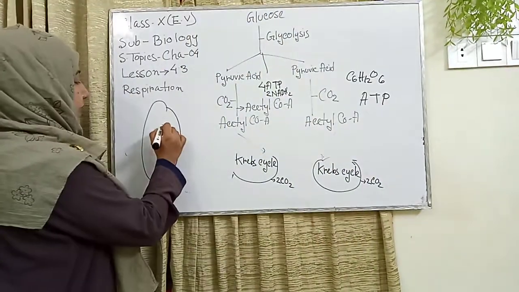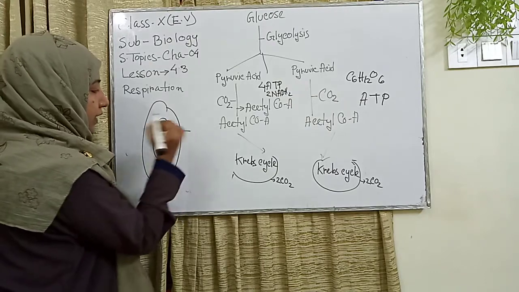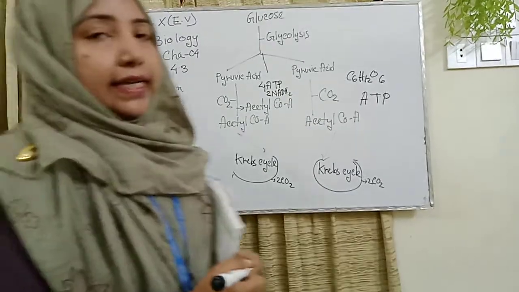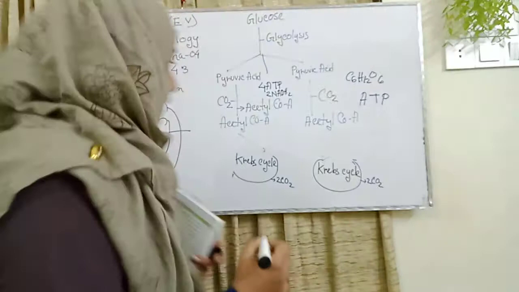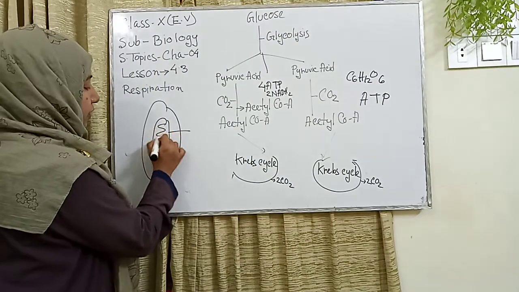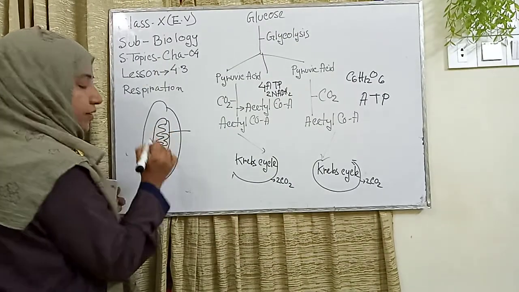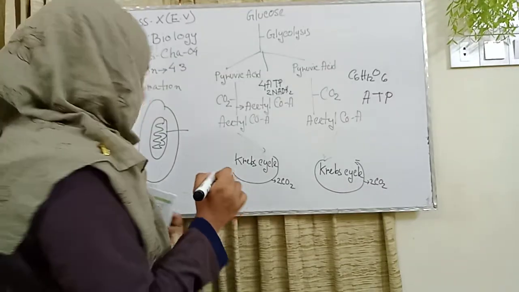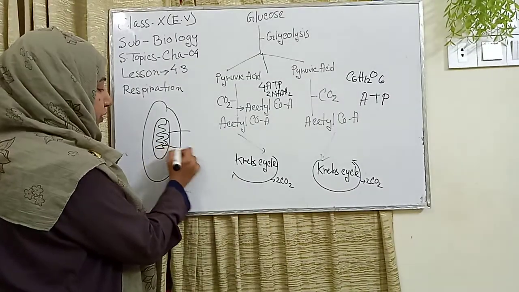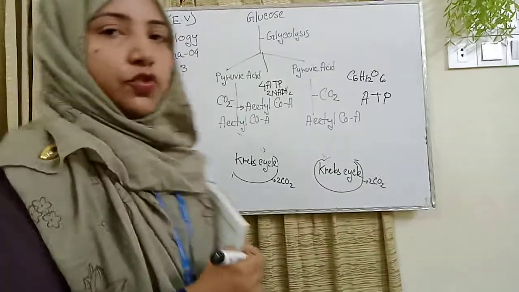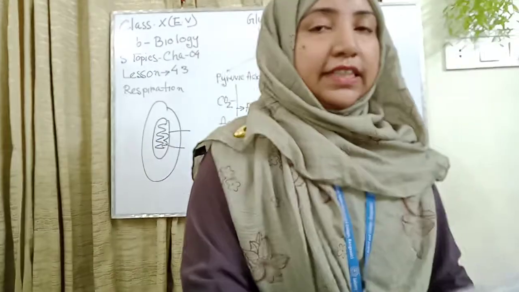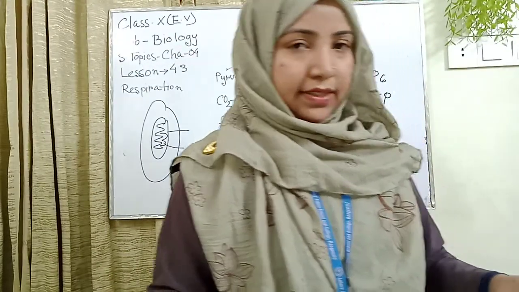Here I draw the mitochondria. The Krebs cycle happens in the crista, and the electron transport chain also happens in the stroma.